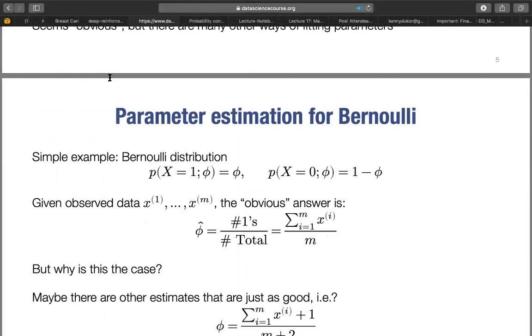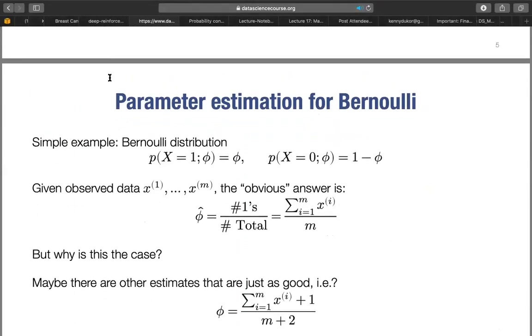Now everyone would agree with me that there are different types of distribution. There's the Bernoulli distribution, the Gaussian distribution, and you could also have a categorical distribution of your data. The Bernoulli distribution is a binary distribution where you have either 1 or 0.